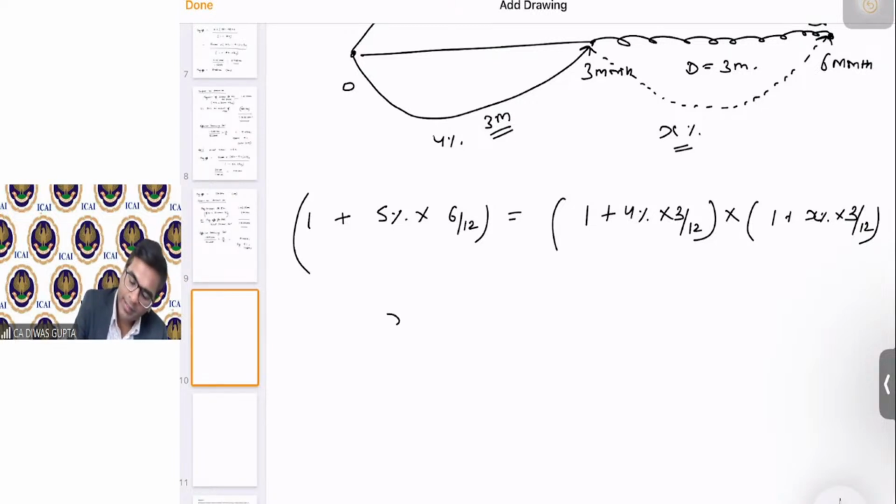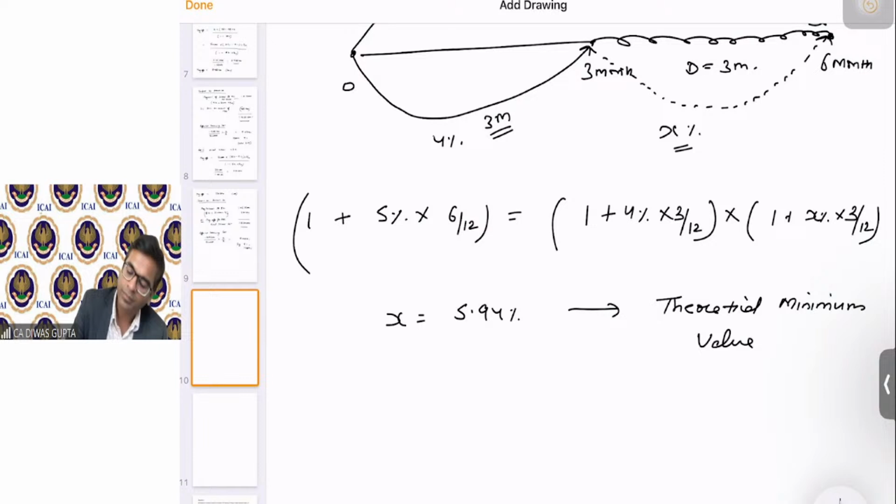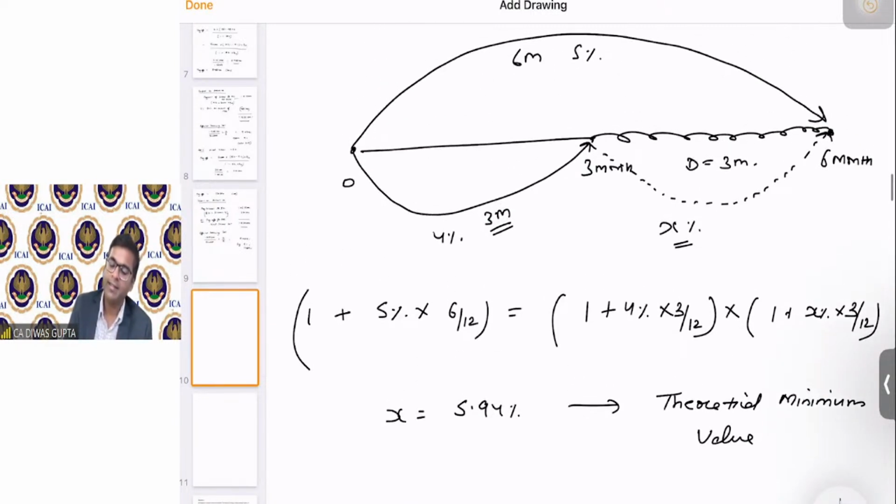If you solve this, the X comes out to be 5.94 percentage. This is also called the theoretical minimum value, or arbitrage free price. Just like we did in the valuation of a forward or a future, the valuation for a FRA is simple and easy. You're getting my point?